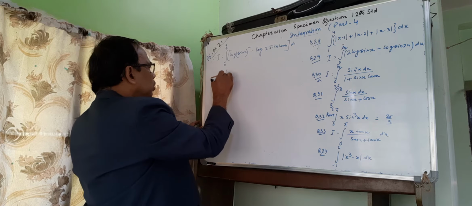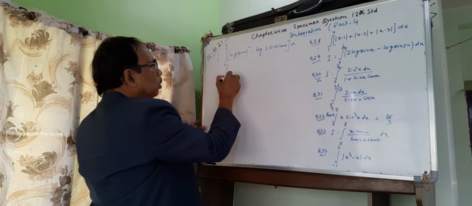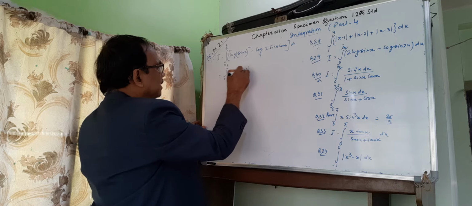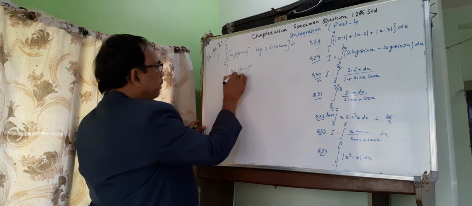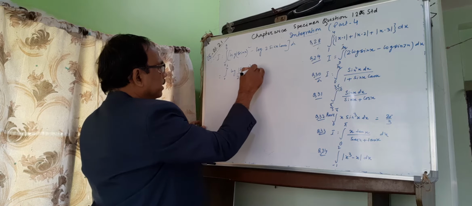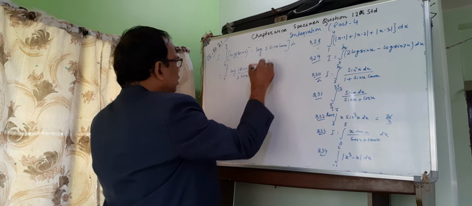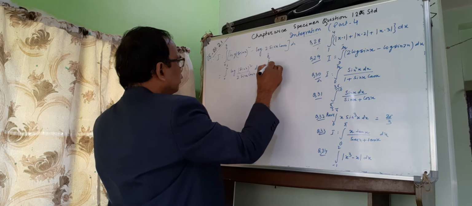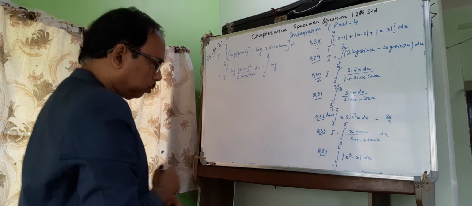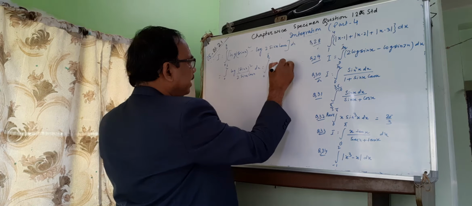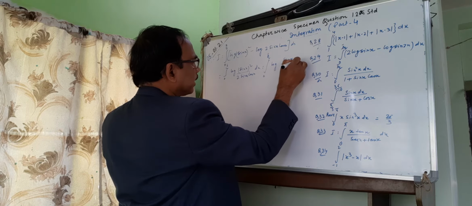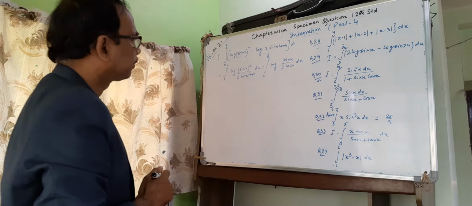That equals 0 to pi by 2 log of sine x whole square, log a minus log b, by 2 sine x cos x dx. Again 0 to pi by 2 log of sine x by 2 cos x dx.